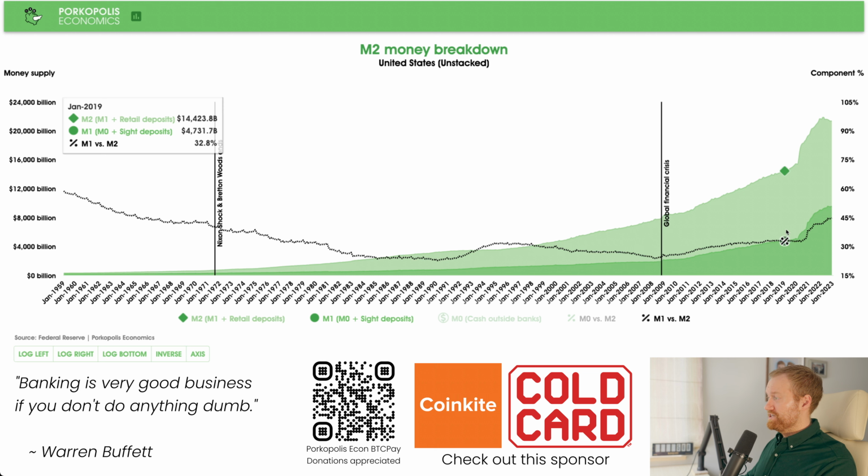And then after the global financial crisis, people do get more concerned about their money. They've all been increasing, as we've seen, M2, M0, M1. The proportions have been roughly the same, although we do see demand deposits or checking accounts actually increase a little bit more. And as we know, there's no interest paying here at all. Very, very small amounts compared to the 2000s, compared to the 90s or the 80s, for sure.